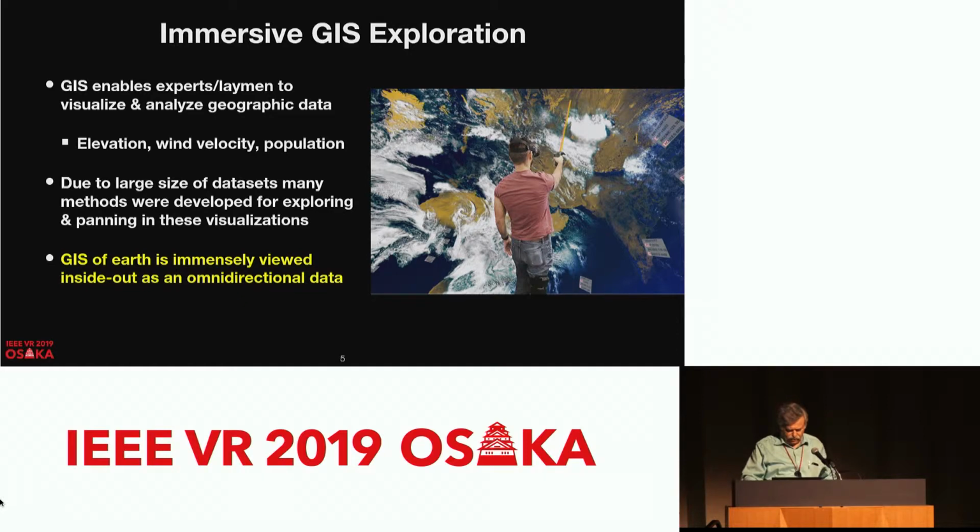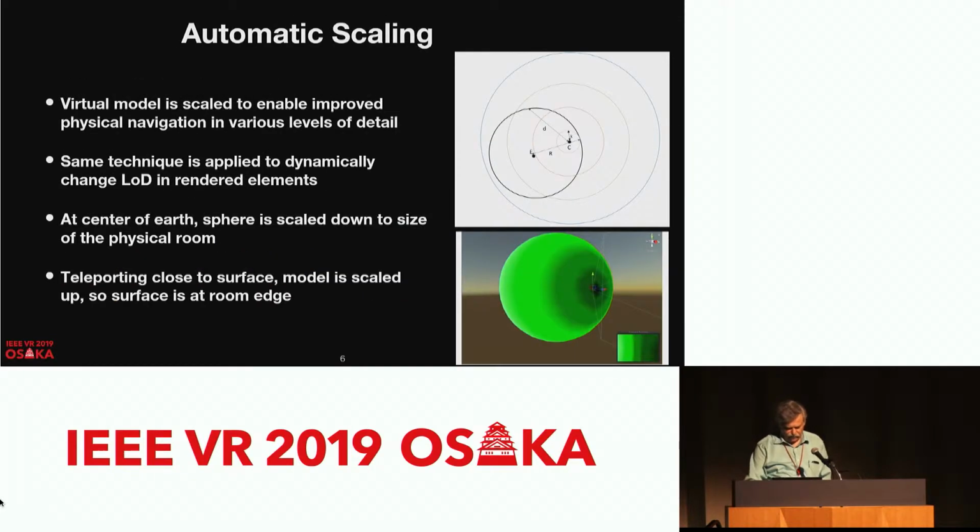But due to the large size, we really need a technique to be able to explore and analyze this data. And as I mentioned at the beginning, we look at the Earth from the inside out in an immersive way on a head-mounted display.